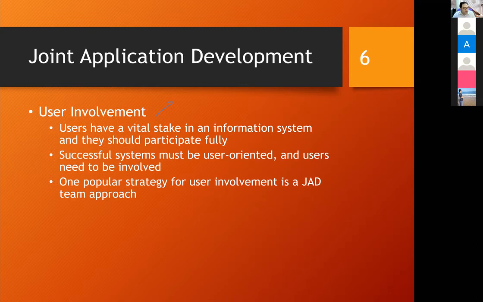And also, when we have to use JAD, users should participate fully. Fully, what does it mean in this case? It means they should work with you as a full-time member of the team. So that means if you have joint application development, one team might consist of some sub-teams inside.